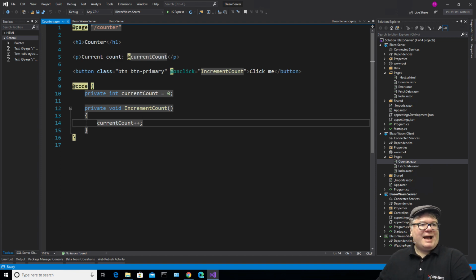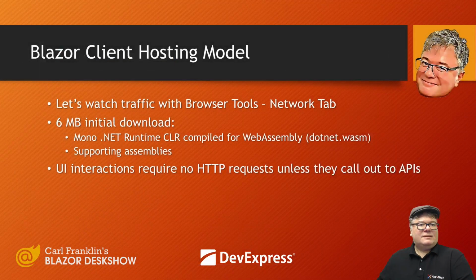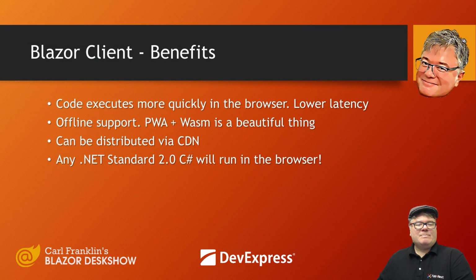All right, going back to the Blazor client hosting model. Benefits and downsides. On the plus side, your code is going to execute more quickly because, first of all, you don't have a round trip to the server for every UI interaction. Second of all, it's running right there where you are in the browser. You do have offline support. If you make a progressive web application, you can cache data.